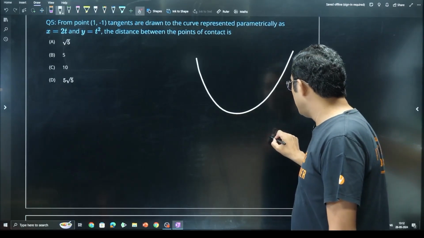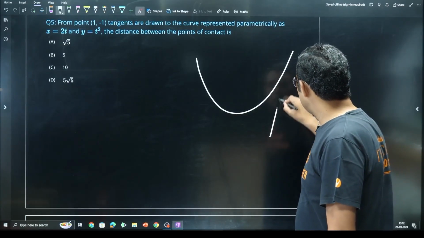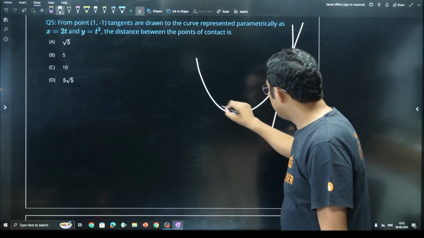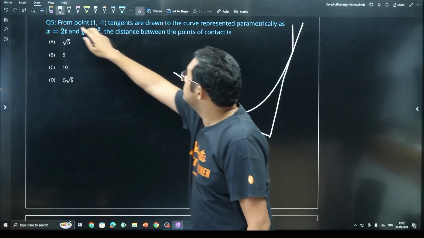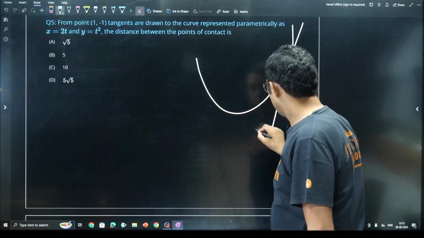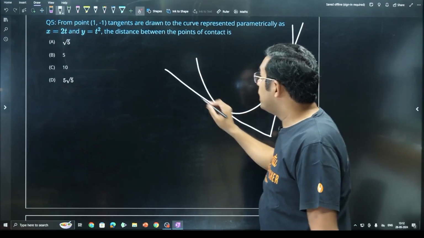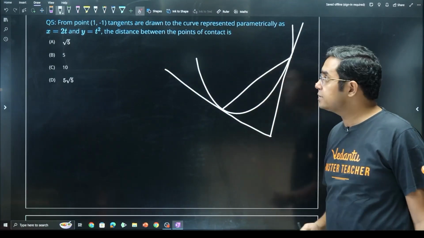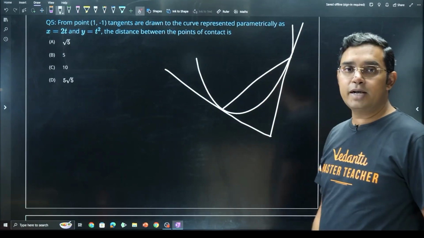And from point (1, -1), we are going to draw tangents, one tangent here and one tangent here. My question here is that we have to find the distance between these 2 points. Okay, it is kind of the length of the chord of contact they are asking.